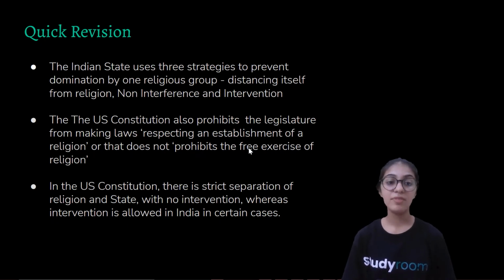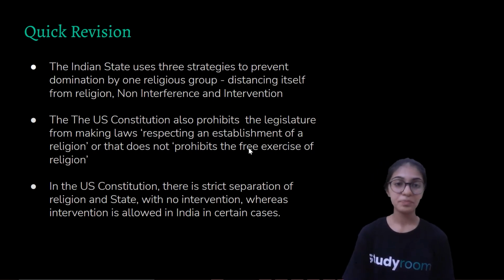They wouldn't interfere in each other's work, even though there is a violation of fundamental rights, unlike in India, wherein the government actually interferes in case it finds that there is a violation of fundamental rights, according to the strategy of intervention.